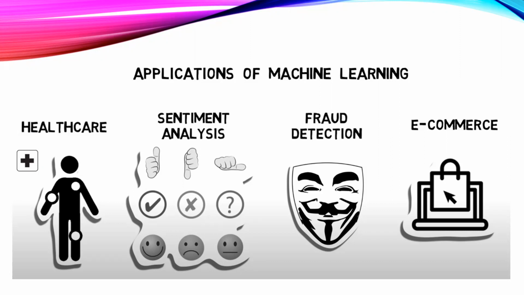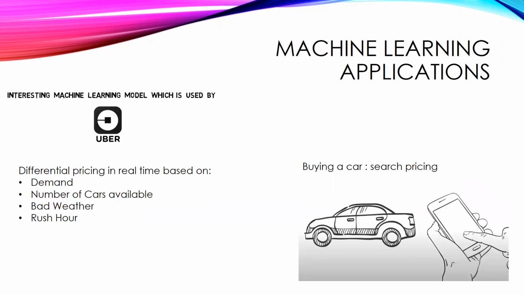Otherwise, you will lose a lot of data, because everything is digital, and currency, everything, digital currency, everything is associated. So fraud detection is another thing. Like Narsi was talking about, passport, for example. And then e-commerce, right? So there are so many different applications in different industries. I'm just naming a few.